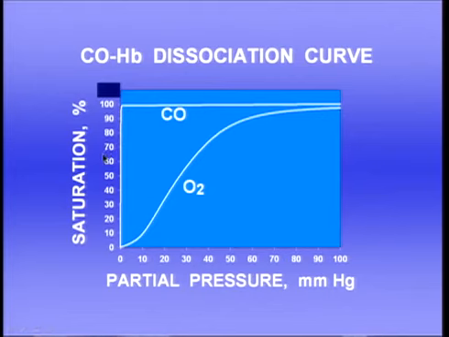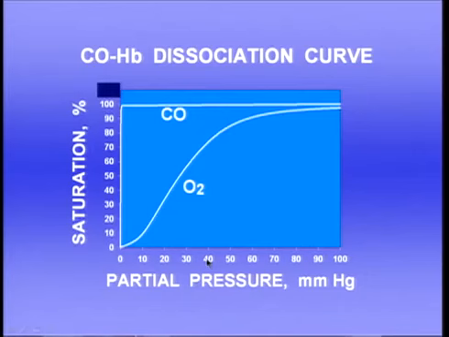Well, the fact is, the dissociation curve for carbon monoxide is actually the same shape as oxygen, but we've greatly compressed the x-axis, so that for a very small partial pressure of CO in blood, the saturation is almost 100%. In other words, carbon monoxide has an extremely high affinity for hemoglobin, about 240 times the affinity of oxygen.